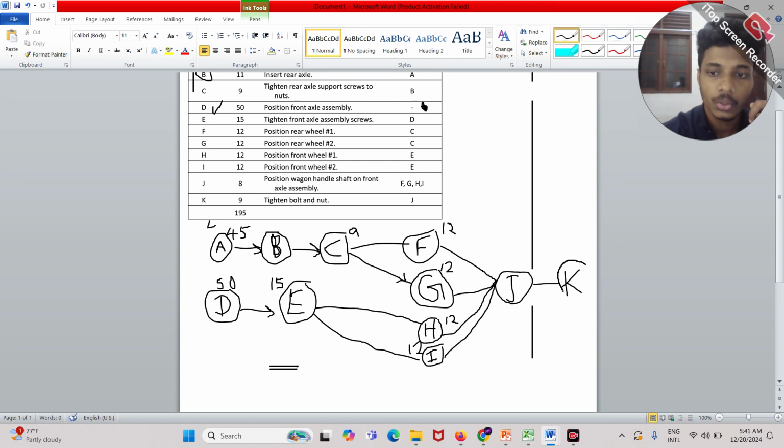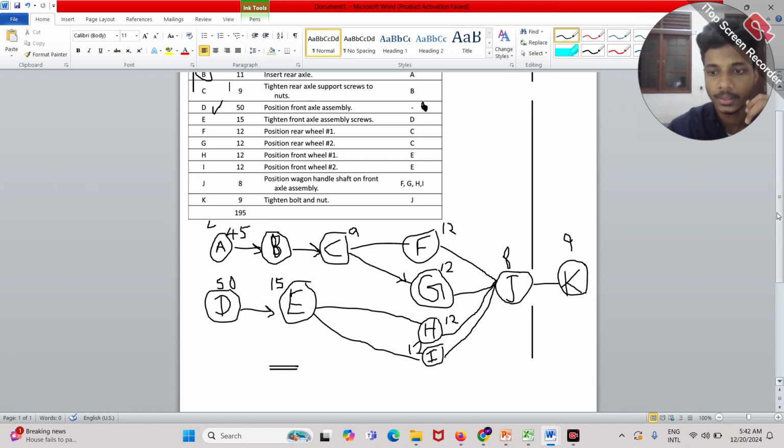I think you are clear with this preceding diagram, right? I think you will get a brief idea about that, right? Again, I will explain how to draw the preceding diagram.